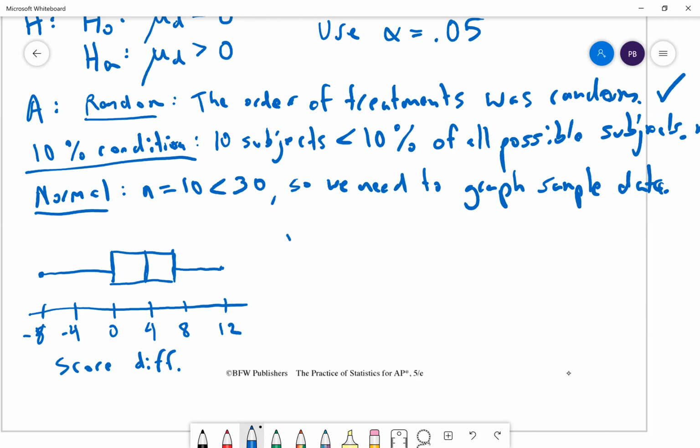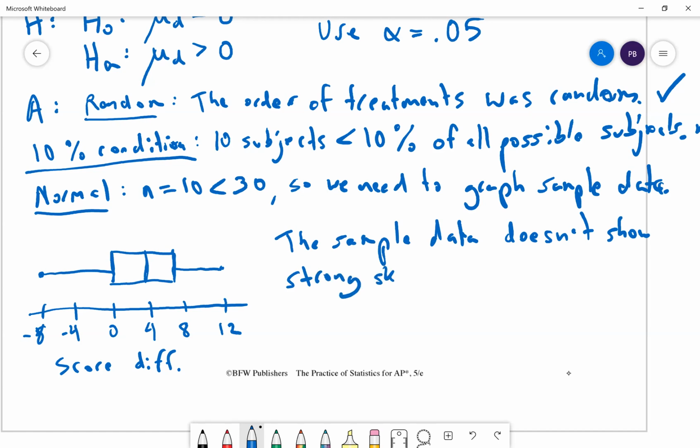So let's go ahead and put that. Sample data doesn't show strong skewness or outliers.